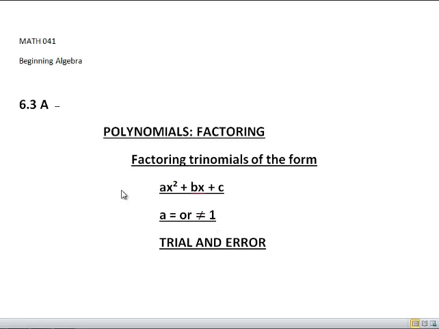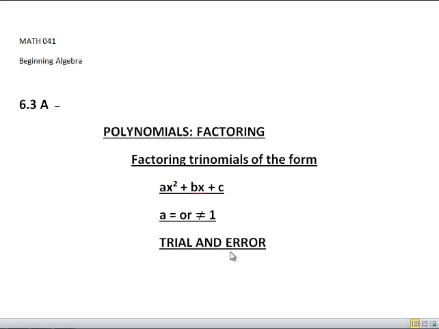And section 6.3 is probably going to be a little bit more kind of real life, because now we have to decide what we have to do to factor this when a is equal to 1 or a is not equal to 1. If a is equal to 1, in other words, x squared is 1x squared, then we can make some easier choices. But if a is not equal to 1, we're going to find some more possibilities.